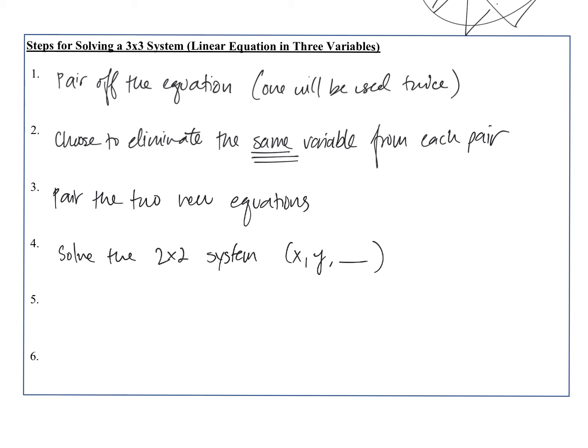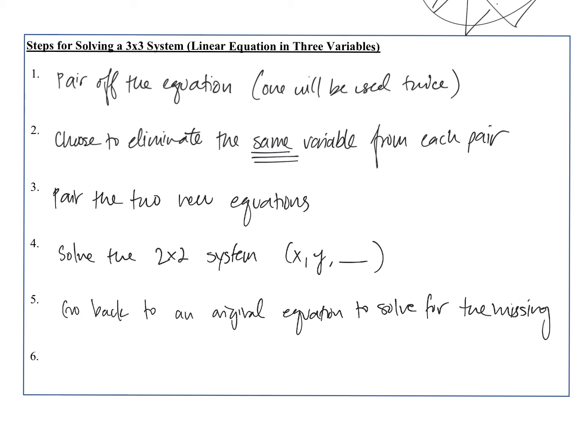So the next step you're going to do is go back to an original equation to solve for the missing variable. And lastly, final answer.